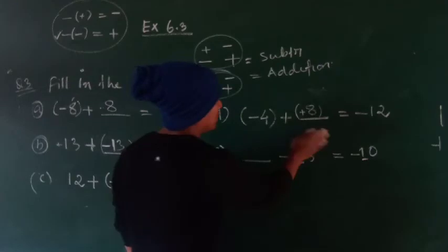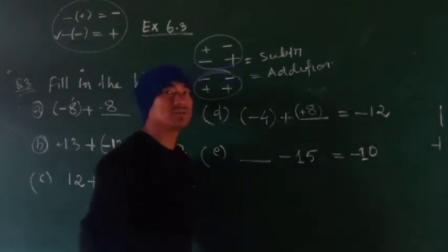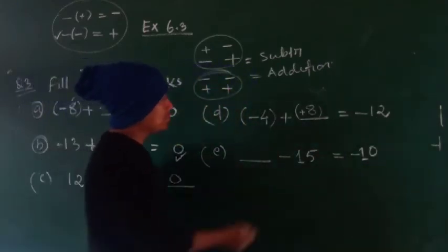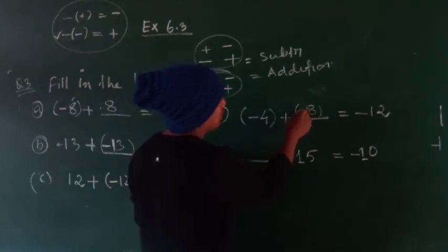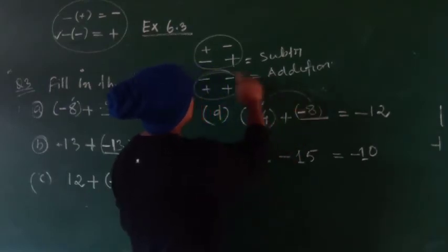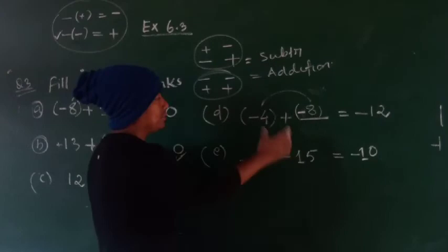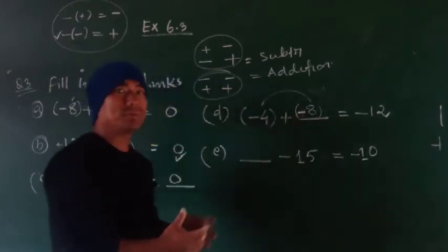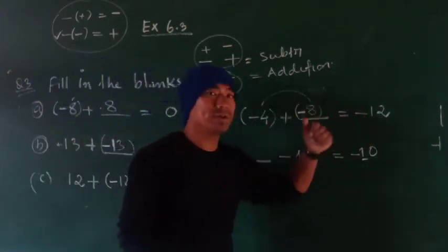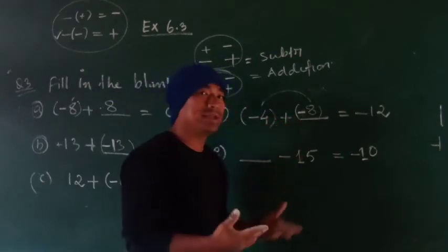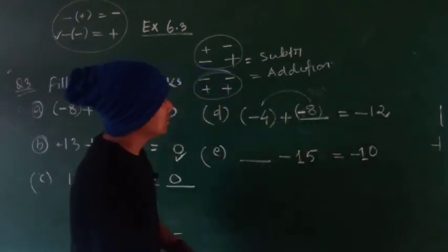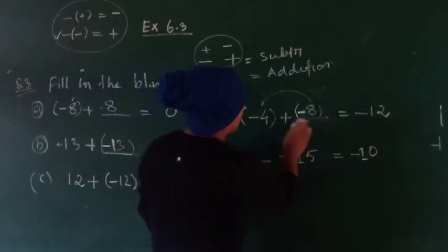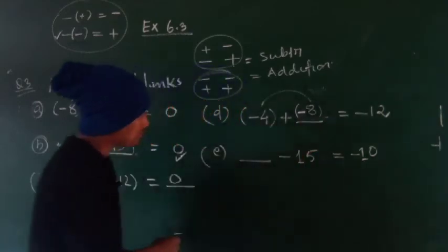But what we want is minus 12. So in this case we have to make sure that it is negative. Negative negative is addition, only then both are negative and the numbers will be added, and only then we will get 12. Otherwise, if you write plus, then negative positive becomes subtraction, it becomes minus. Okay, so here it will be minus 8.